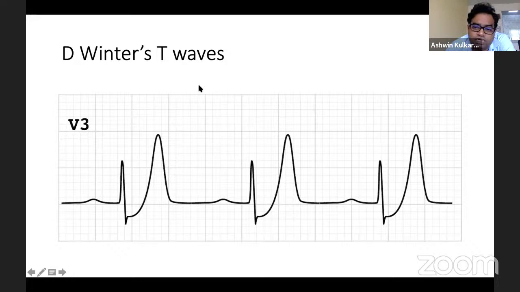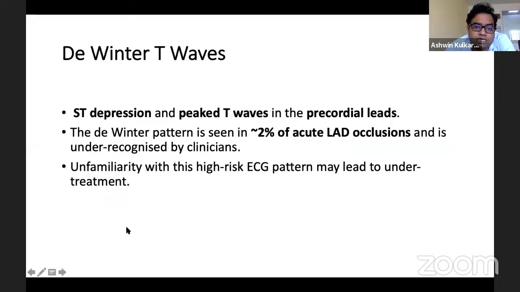So what are De Winter T waves? It is an upsloping ST segment and tall and pointed T waves, generally in the leads V1 to V3. These De Winter T waves are seen in around 2% of cases of acute LAD occlusion. The important thing is that unfamiliarity with this high-risk ECG pattern leads to undertreatment.